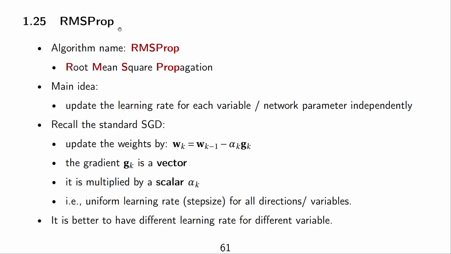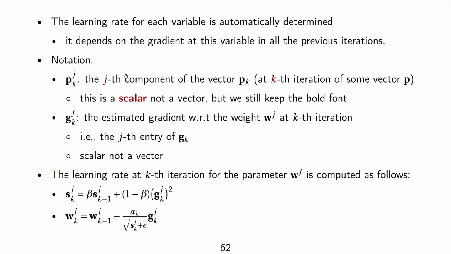Let's now discuss this algorithm, RMSProp, standing for root mean square propagation. Let's simply discuss this algorithm looking at the update equation. What we can see here from this structure, beta and 1 minus beta, is that again we are computing an exponentially moving average of something. In this case, it's not an exponentially moving average of the gradient, but of the gradient values squared.